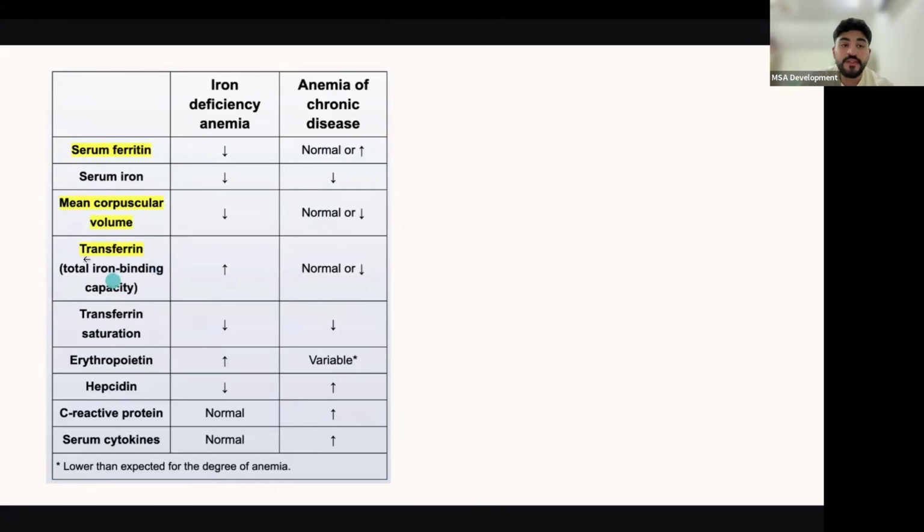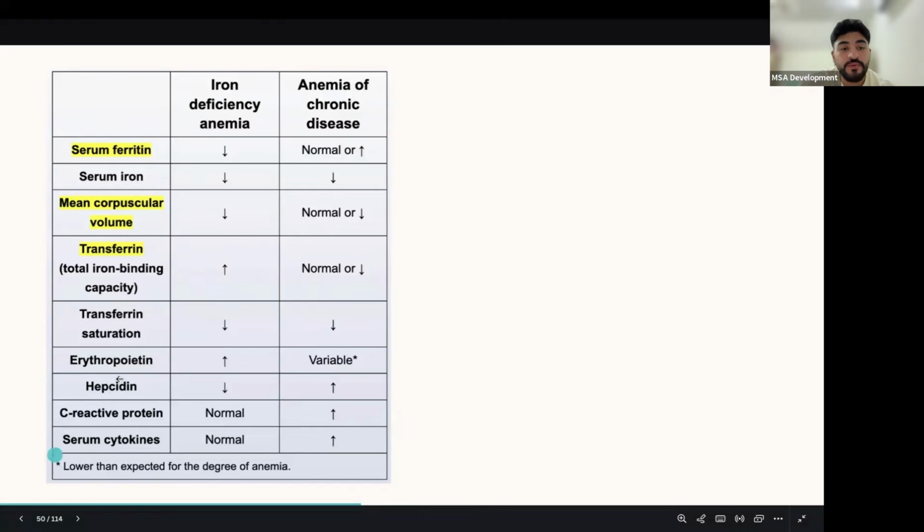The transferrin, the total iron binding capacity, here is going to stay normal or decrease, whereas in iron deficiency it increases. Okay, so basically these are the three most important ones that you could get a question on.